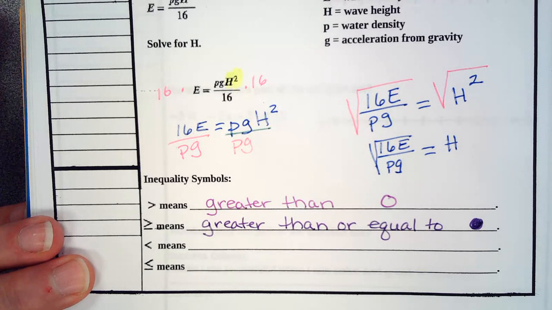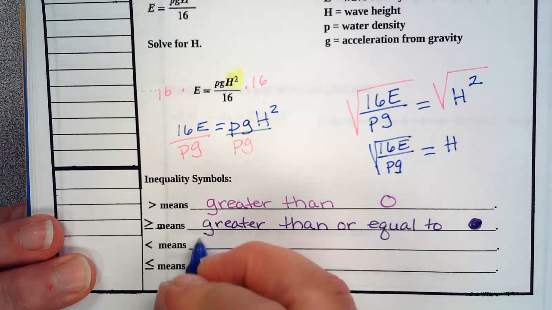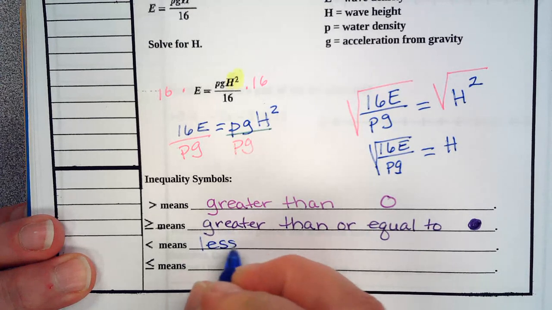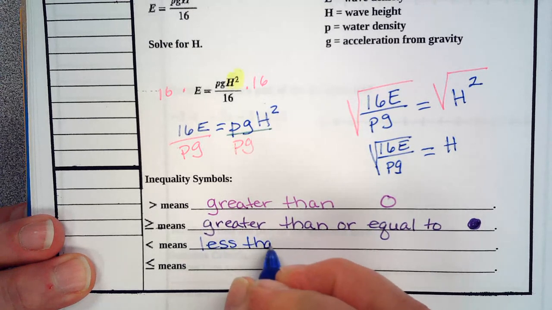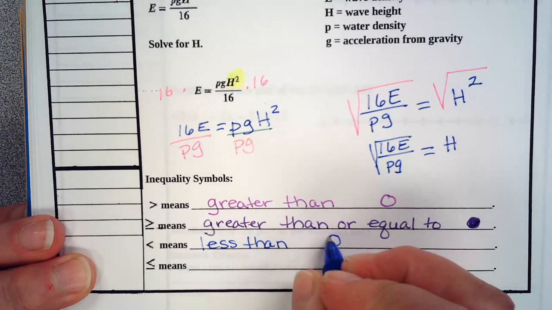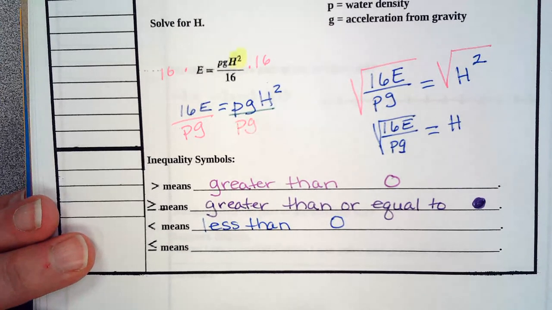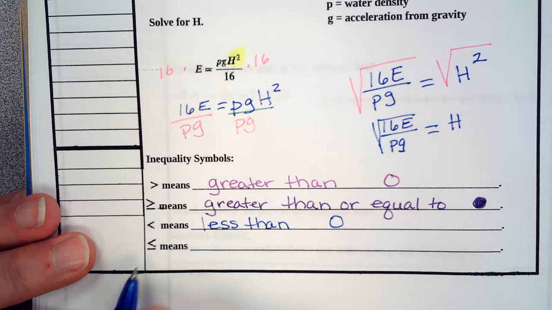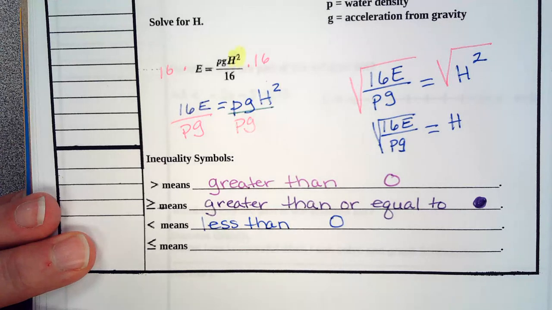The same thing happens with the less than. This means less than. Once again, it is an open circle. This means less than or equal to.